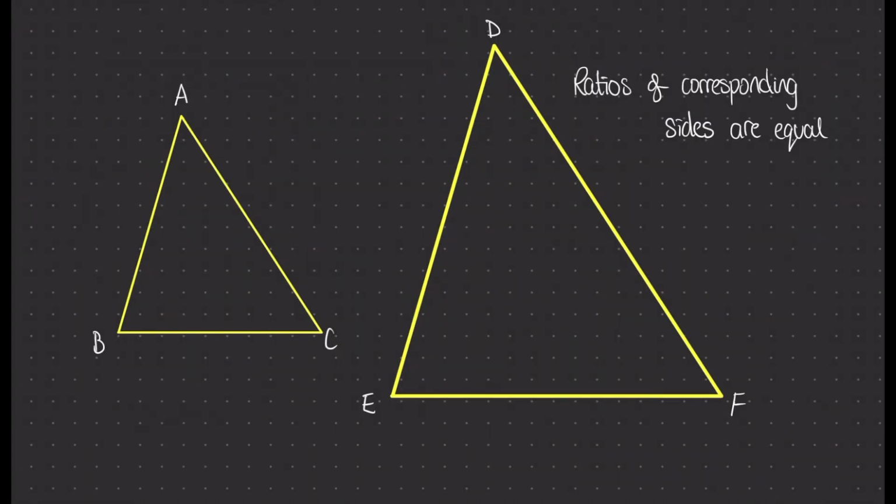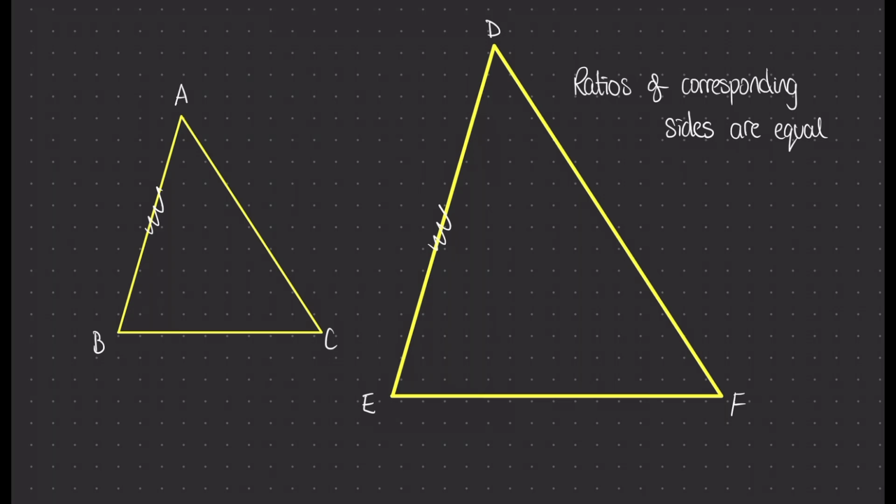The final fact is that the ratios of corresponding sides are going to be equal. And what I mean by corresponding sides is, for example, AB and DE. We can see that AB has just been stretched, elongated to create the larger triangle, and that side in the larger triangle is DE.